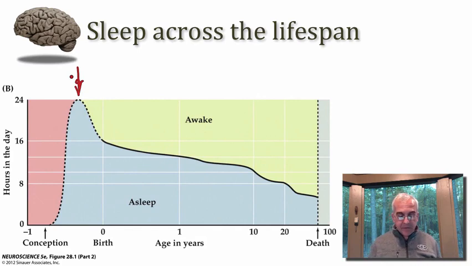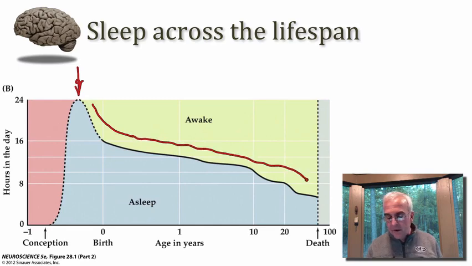So here's a fetus in the last third of gestation, and we see that they're sleeping almost all the time. And this can be measured in various ways, and we'll talk about some of those ways in just a little while. But as that third trimester begins to roll towards full term, we see a decrease in the amount of sleep that's required, and it continues to diminish throughout the early years of life.